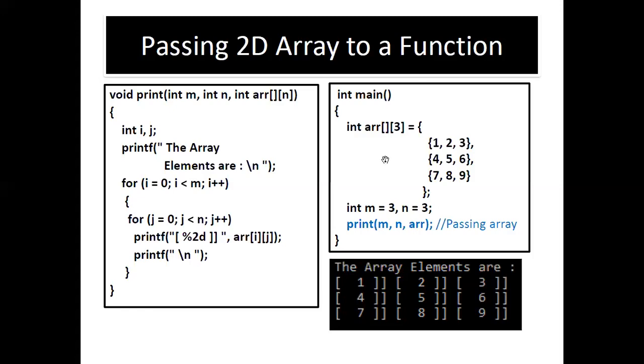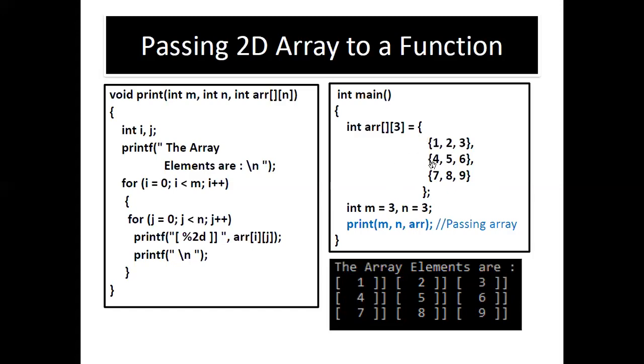And then main, so let us look into main first, and then we'll come back to the function definition. Main has a 2-dimensional array with 3 rows and 3 columns. So we have taken m is equal to 3, n is equal to 3. For this definition of an array, you can use printf and scanf to define your rows and columns, and then you can initialize it to keep it short.